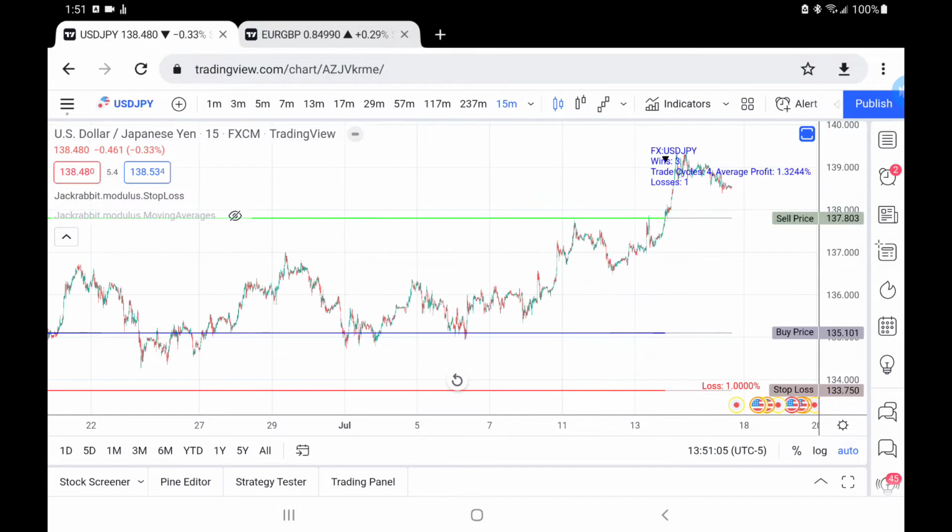We've taken 3 total wins on this approach with 1 loss, and we have profited 1.3%. So it's a simple approach, but it works well. That is the point of this process.